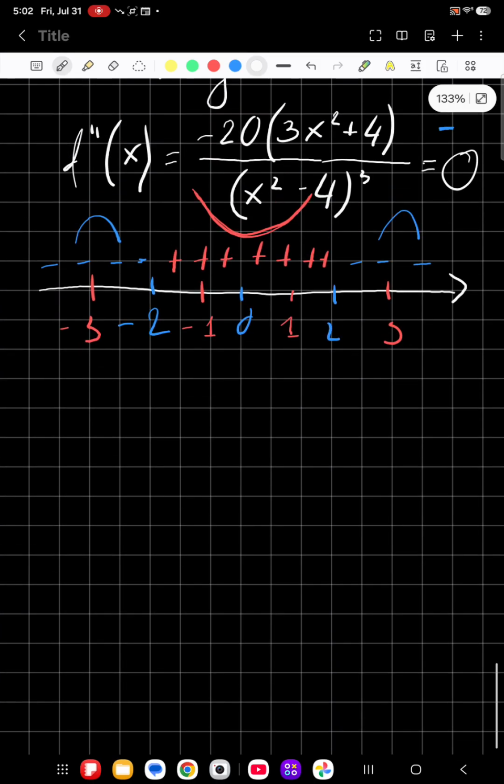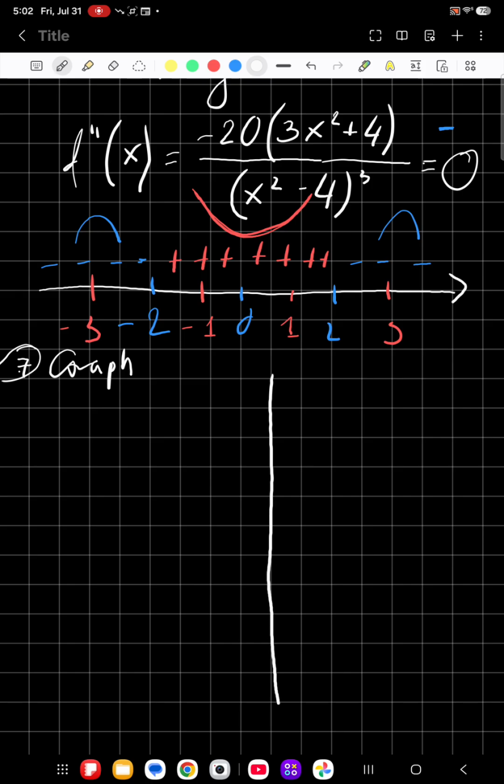So let's graph it. So number 7, graph. And yeah, it's not easy, but we have a lot of information. So we start with the asymptotes. We have 3 asymptotes. That's one of them, -2. Second asymptote at 2.